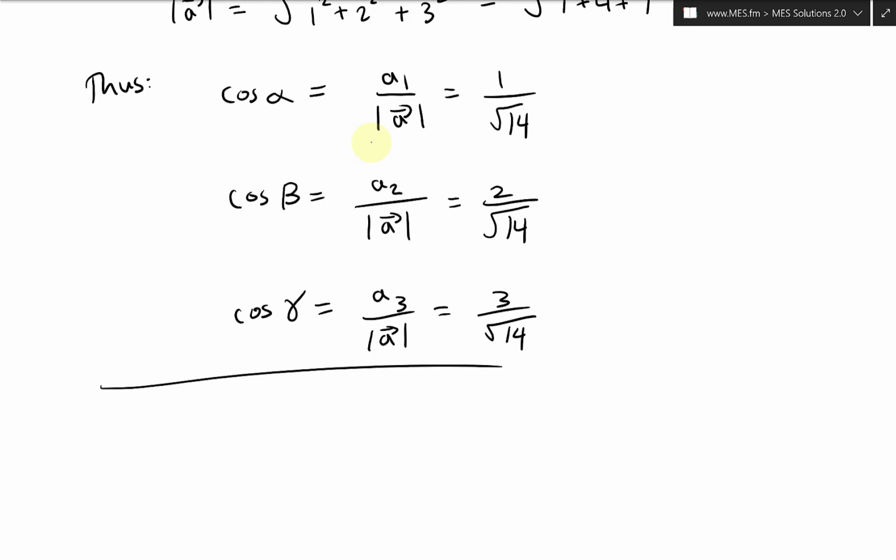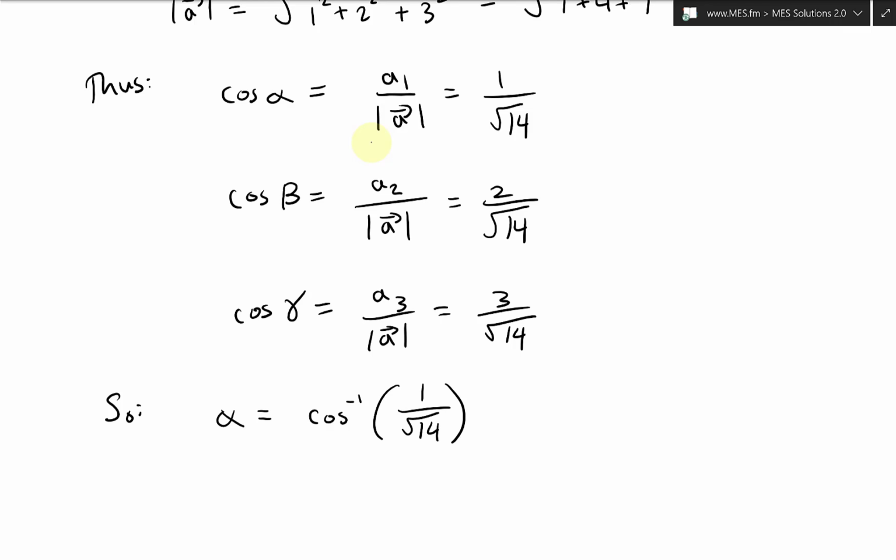So now, instead of saying thus, let's write so. We already had thus, I'll just say so. Now we just take the inverse. Alpha is equal to inverse cosine, or arc cosine, of 1 over square root 14.